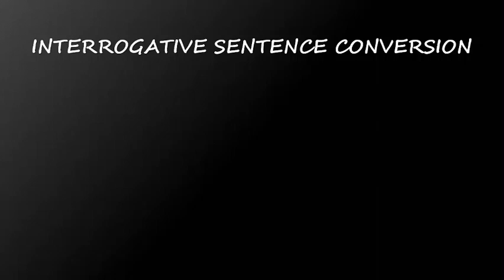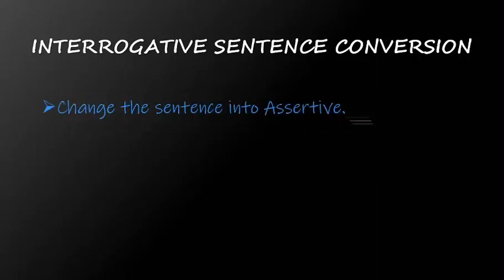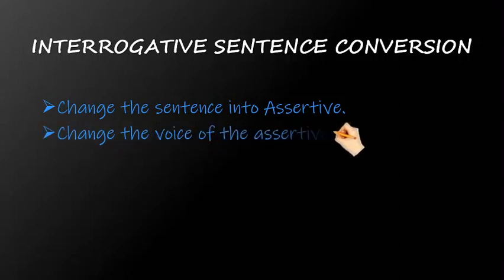So, what to do? There are three basic rules. First of all, change the sentence in the question, into assertive. Convert it mentally or write it down. Whatever you want, do it. Then you change the voice of the assertive sentence. The resulting sentence, what you have got, the assertive sentence, change its voice. Done.